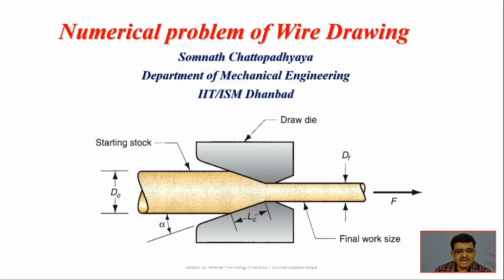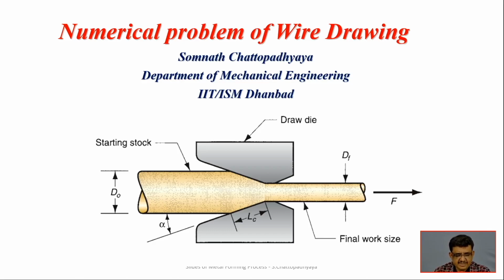As from the title slide we can see, the case is a typical case of wire drawing, where a starting stock with the diameter D suffix 0 and with this entrant angle alpha, that is a determining angle in case of wire drawing, is entered into the draw die.